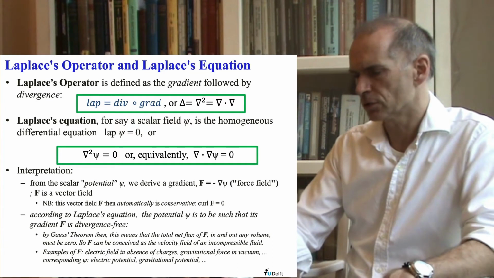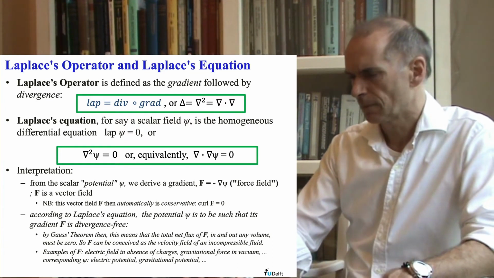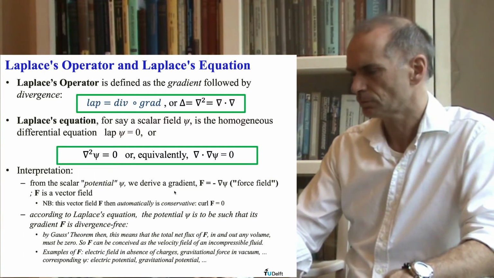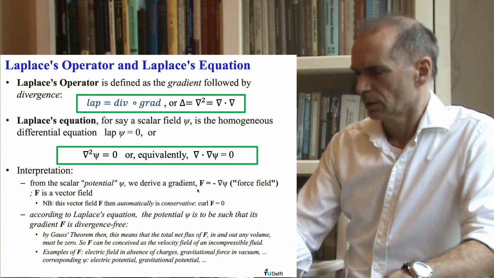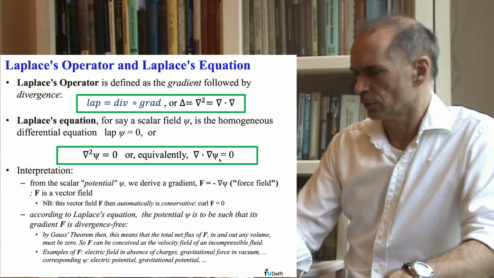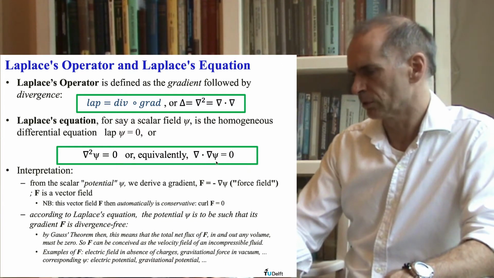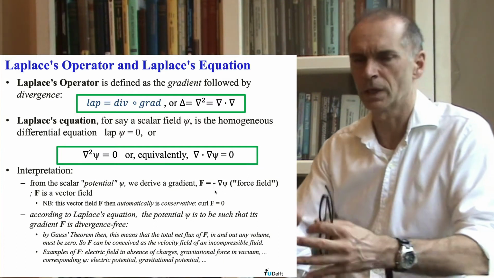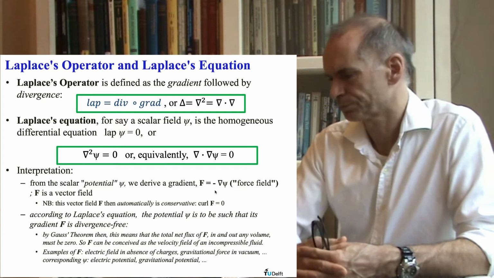Then the interpretation is actually straightforward. In that context, the scalar that we are working with is often called potential. And we focus for the interpretation first on that gradient that is calculated. That is often called force field, and then a minus is added.